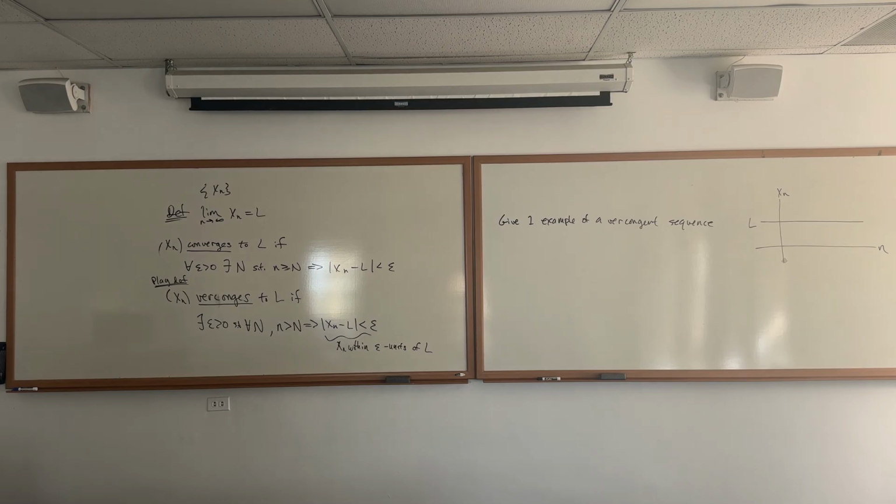Normally we say, no matter how tiny the epsilon is, I can eventually find some place where everything's inside there. This is saying something different. This is saying that I can find this one single epsilon so that the absolute value of x sub n minus L is less than that distance.